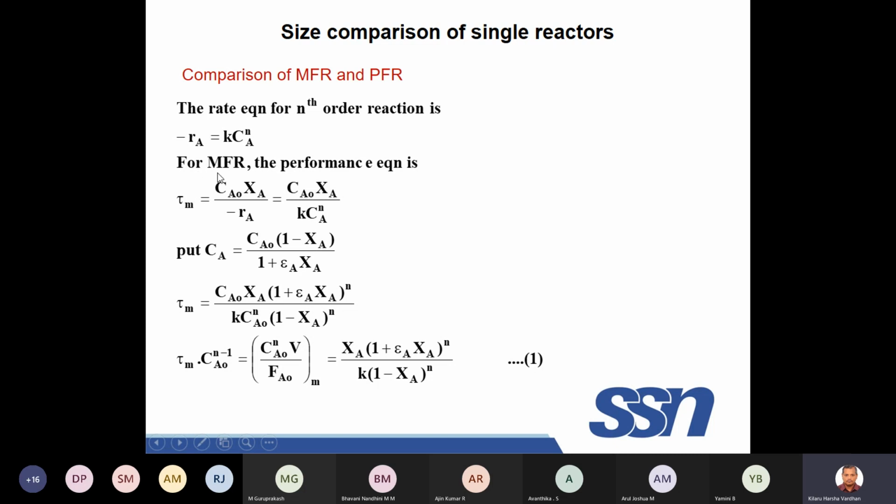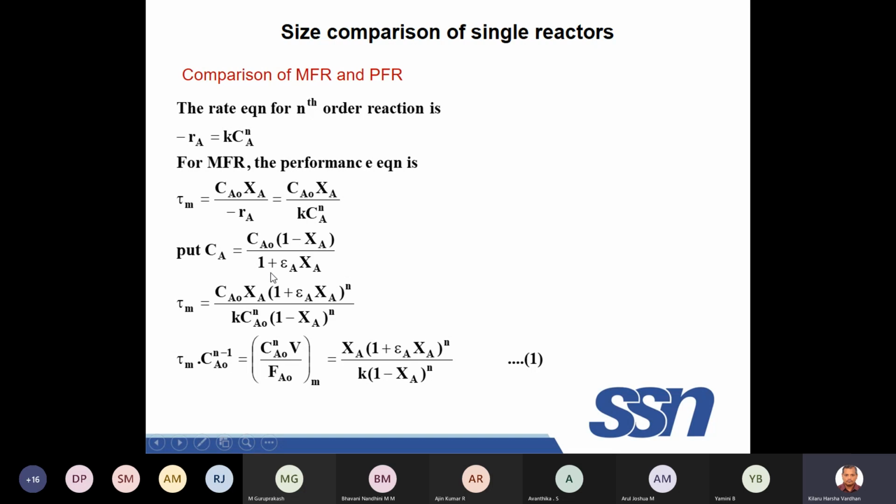We take the performance equation for a CSTR or MFR: tau m is Ca naught Xa by minus Ra. You assume minus Ra is nth order and substitute Ca as Ca naught into 1 minus Xa by 1 plus epsilon A Xa. This takes the expansion into picture. If you are not taking the expansion into picture, then Ca is equal to Ca naught into 1 minus Xa.